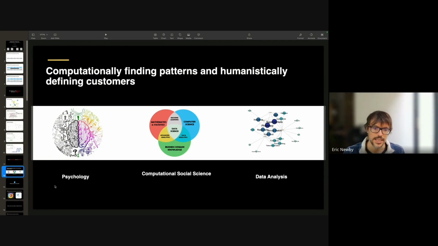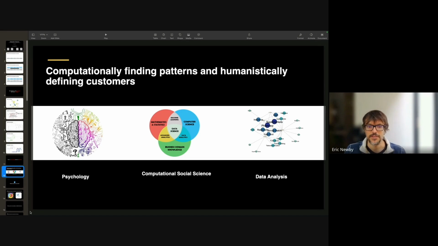So it needs a mix of expertise in psychology, computational social science, and data analysis, all brought together. I think everyone in the team has a mix of those backgrounds with strengths in different areas.